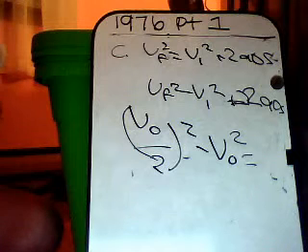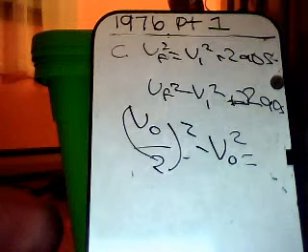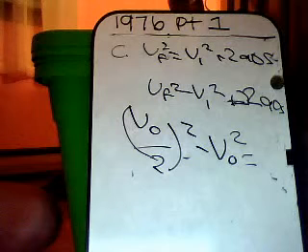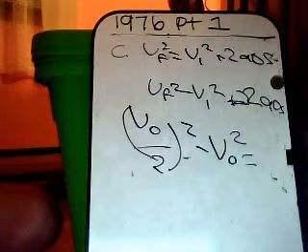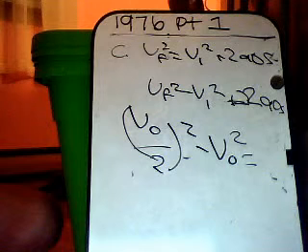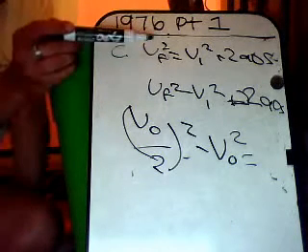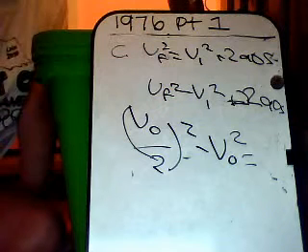So, for C, you're looking for the initial thickness, or the thickness that the block will have in order to stop the bullet. From your first kinematics derived equation, you have v squared equals v initial squared plus 2a delta s.